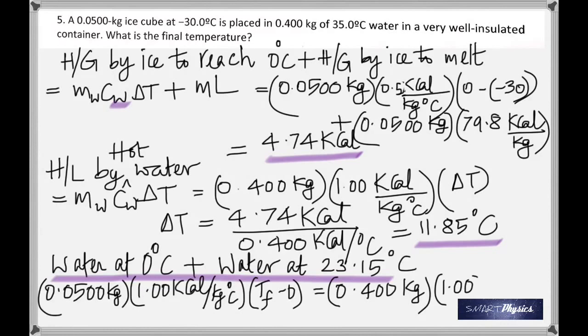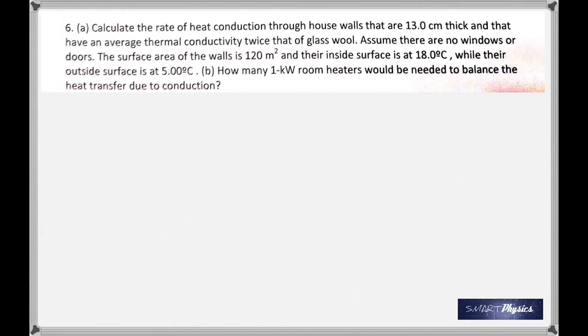And here the change in temperature is going to be 23.15 minus TF. Always take maximum minus minimum, bigger minus the smaller. Now this question has 3 parts and you have to be really careful when you do this. Therefore the final temperature is going to be 20.6 degrees Celsius.